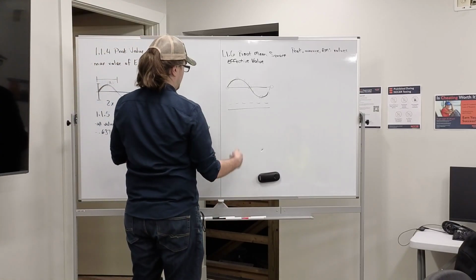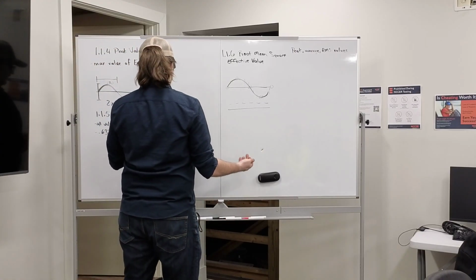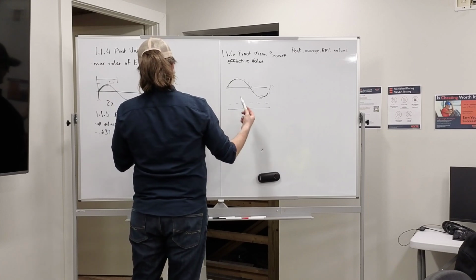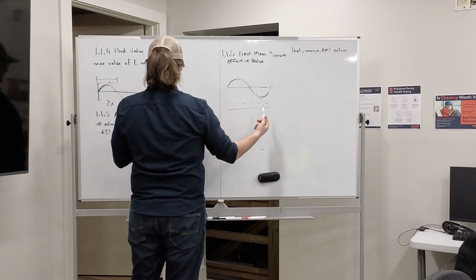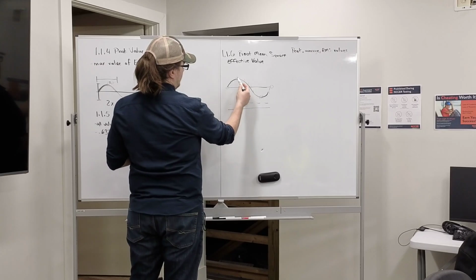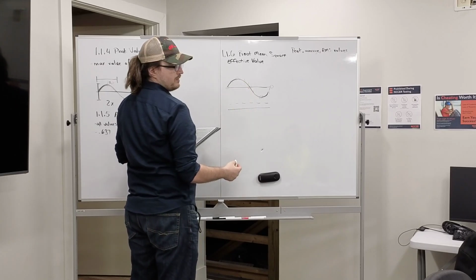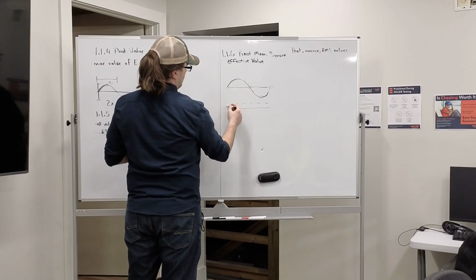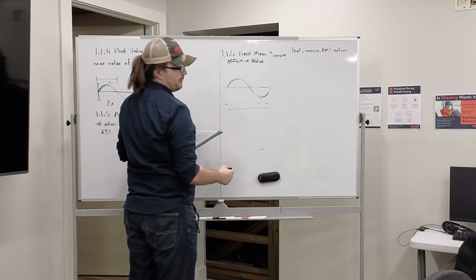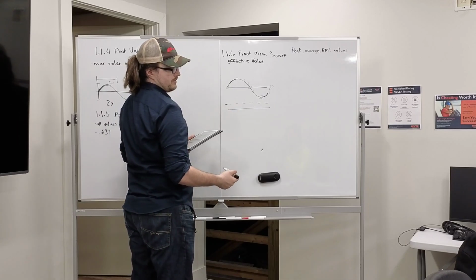So all those words summed up means, since the values are changing, sometimes the instantaneous value is higher in order for the average to be the same. That's all that means.